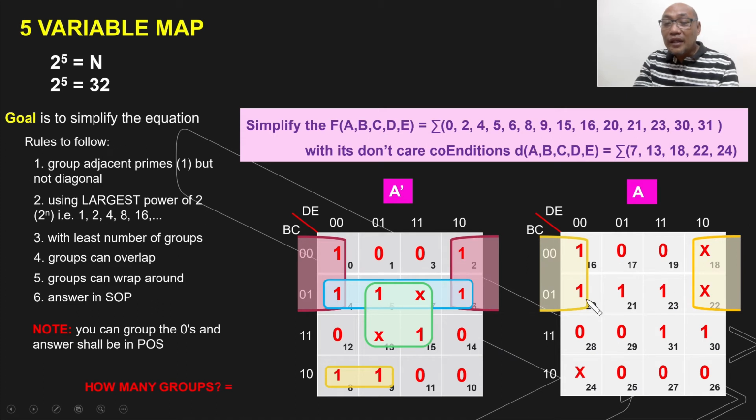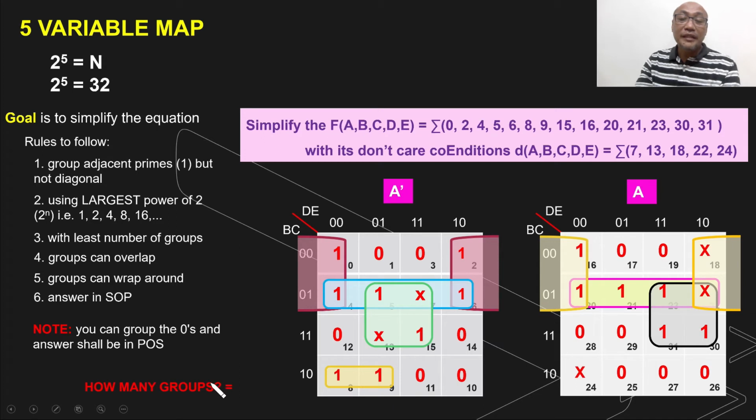And again with this, how about this 2? Group them together, the 2 of them only, or we can group it here to increase the number of primes in our group. How about this don't care? Since it's a don't care, and there is no adjacent prime that we can group with it that is still unused, then it's unnecessary.